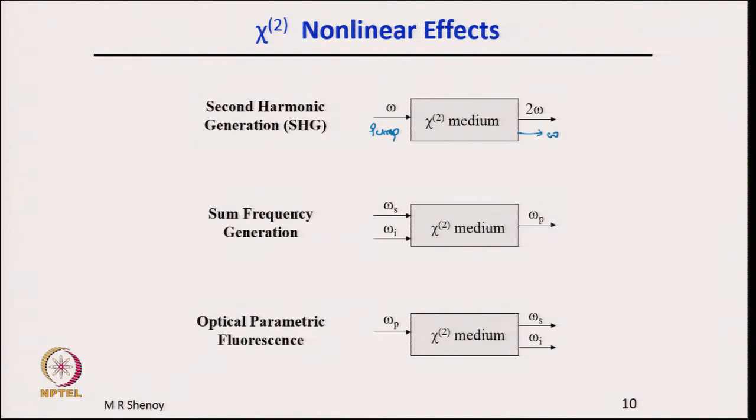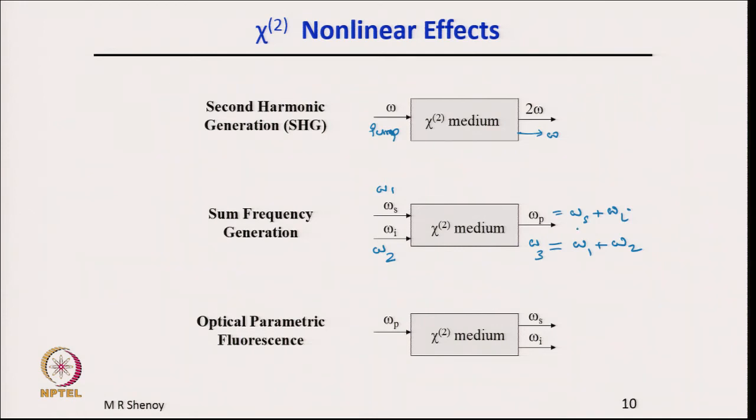If you have two frequencies input which are called omega s and omega I, or omega 1 and omega 2, then we will have at the output omega p which is equal to omega s plus omega I, or if we denote the output as omega 3, then omega 3 will be equal to omega 1 plus omega 2, and this is called sum frequency generation.